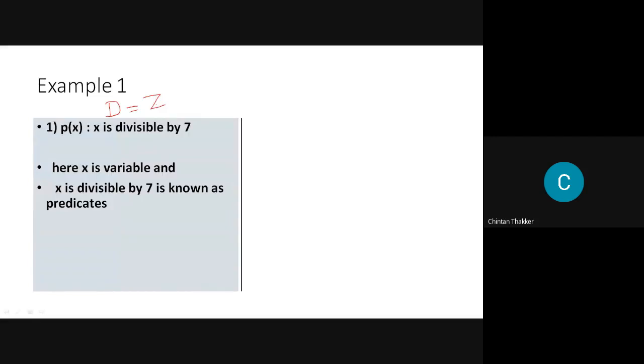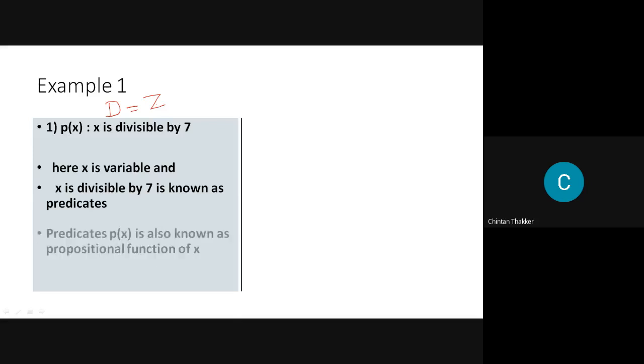So the true or false value of P(x) depends on the value of x. If x is divisible by 7, then P(x) is true. If it is not divisible by 7, then P(x) is false.